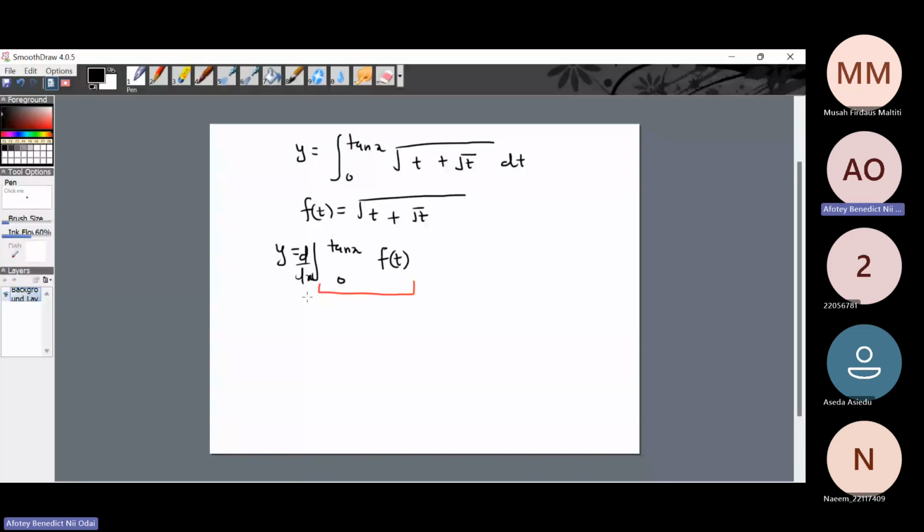So dy dx is equal to d dx of the integral of f of t on the same interval, from 0 to tan x.